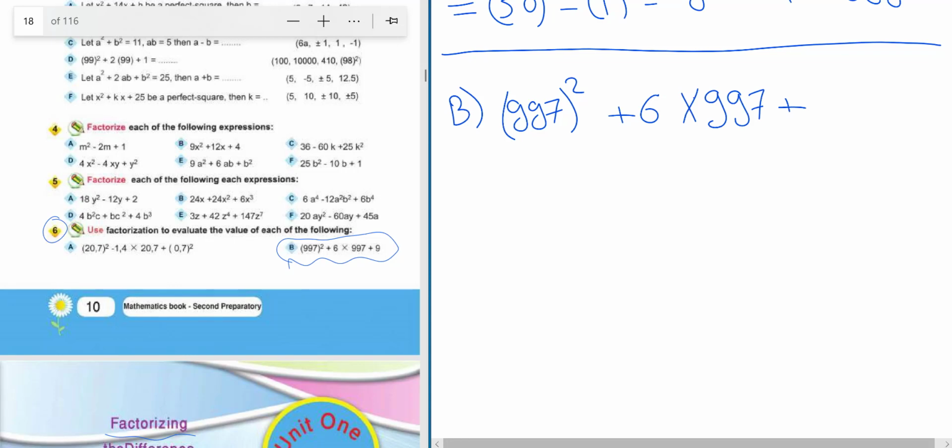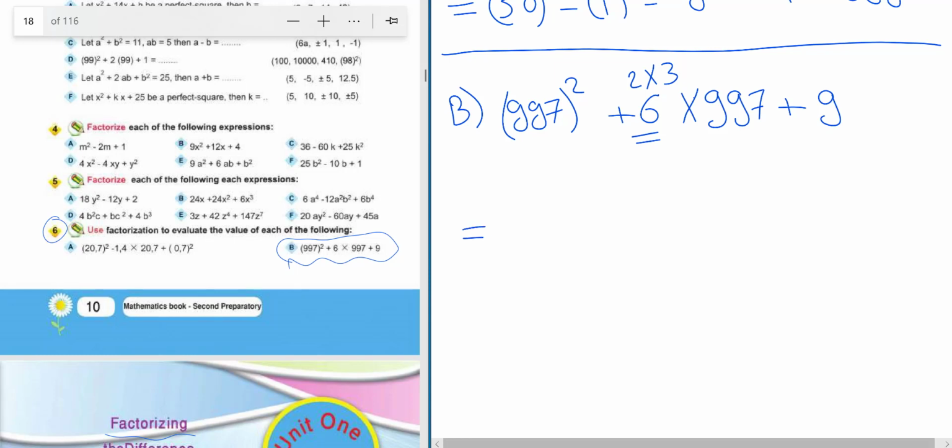997 plus 9. This is a perfect square trinomial. The first term is 997 power 2 and the third term is 9. The square root of 9 equals 3, so 6 is the product of 2 times 3.